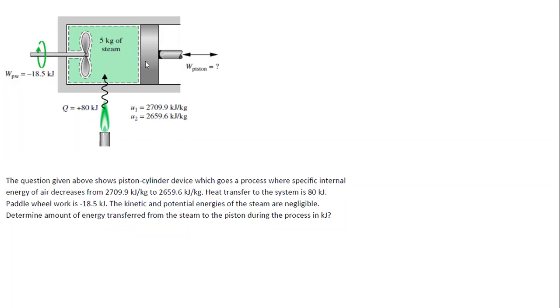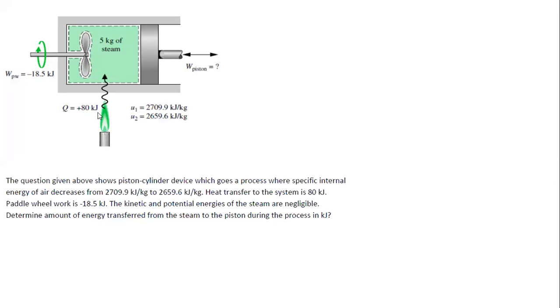So during the process, the internal energy of the air drops. Heat transfer to the system is 80 kilojoules. Paddle wheel work is 18.5. You can see the paddle wheel here, it is a fan. The paddle wheel rotates and it brings a negative quantity here. I will talk about what negative means.